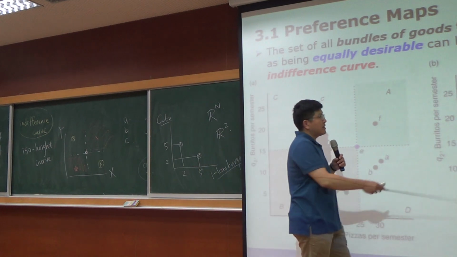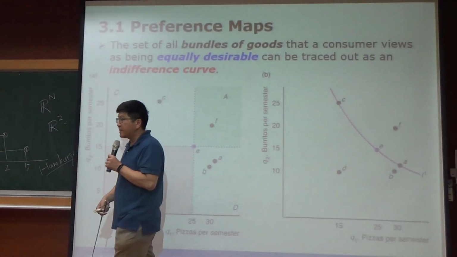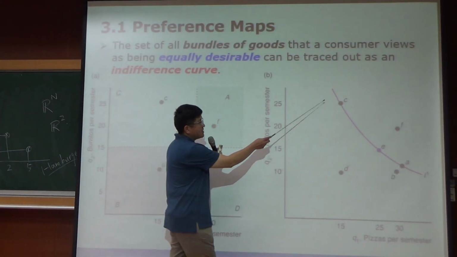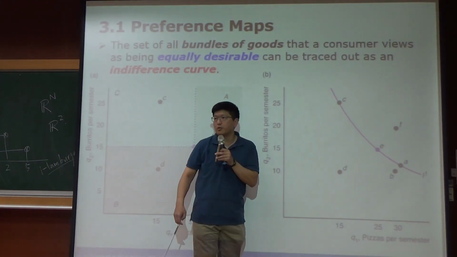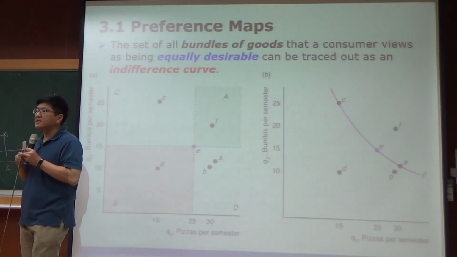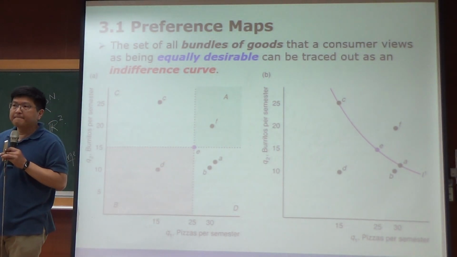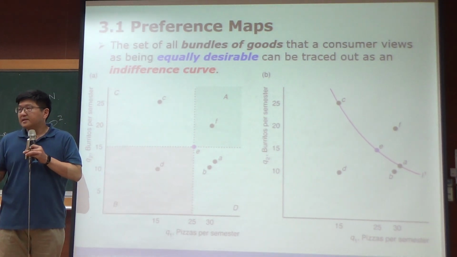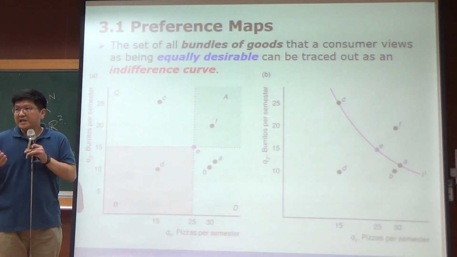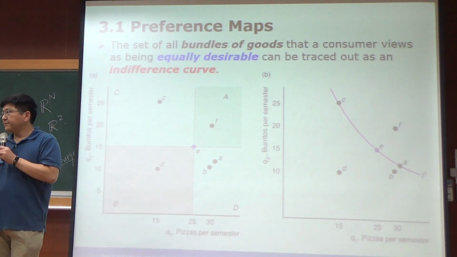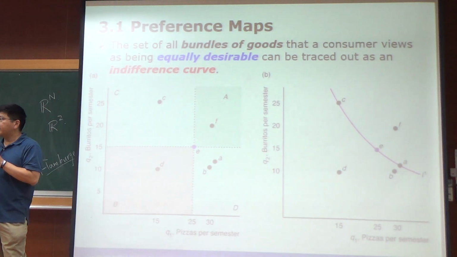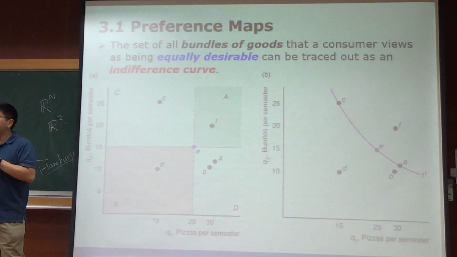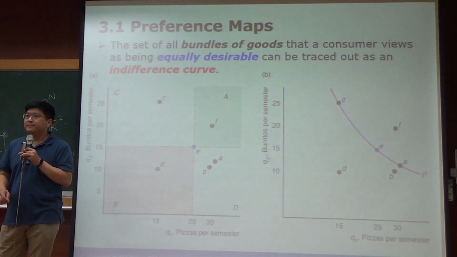So if we want to trace out an indifference curve, point C, point E and point A, these 3 points bring us the same level of pleasure. So we regard point C indifferent to point E, indifferent to point A. Because they are indifferent, we put them on the same indifference curve. Is that clear?